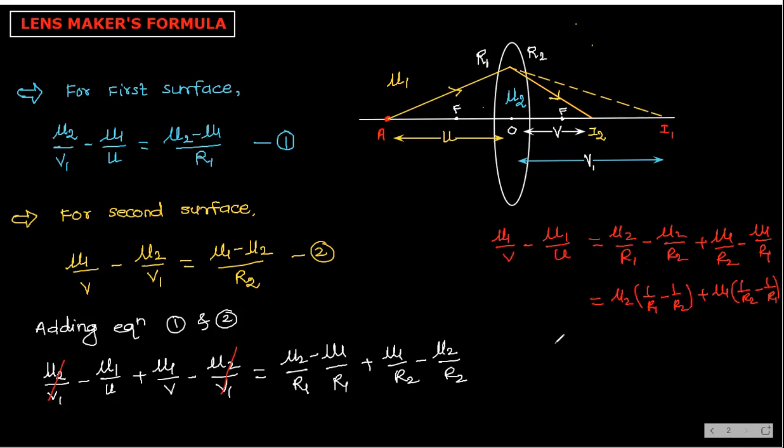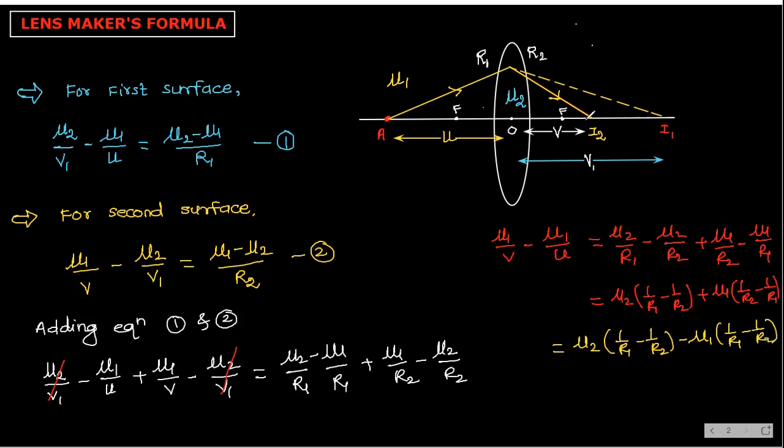Now after this, this is mu2 into 1 by r1 minus 1 by r2. If I take minus mu1 common and reverse this, what will I get: 1 by r1 minus 1 by r2.